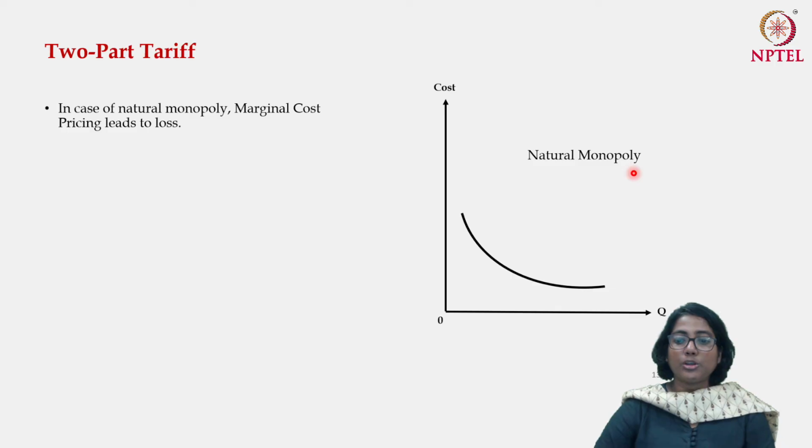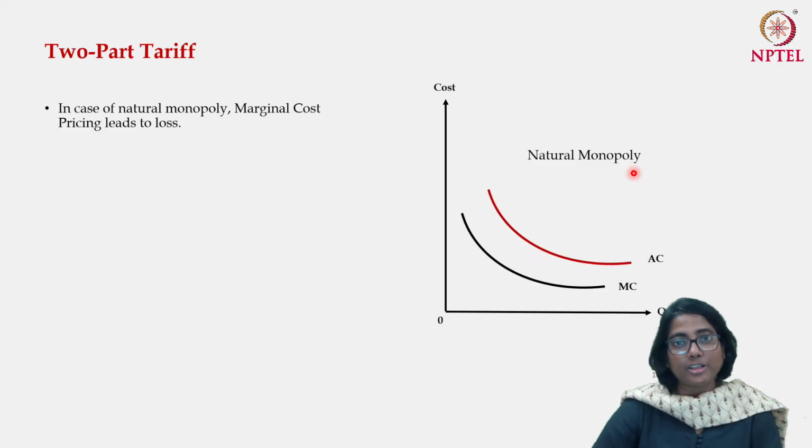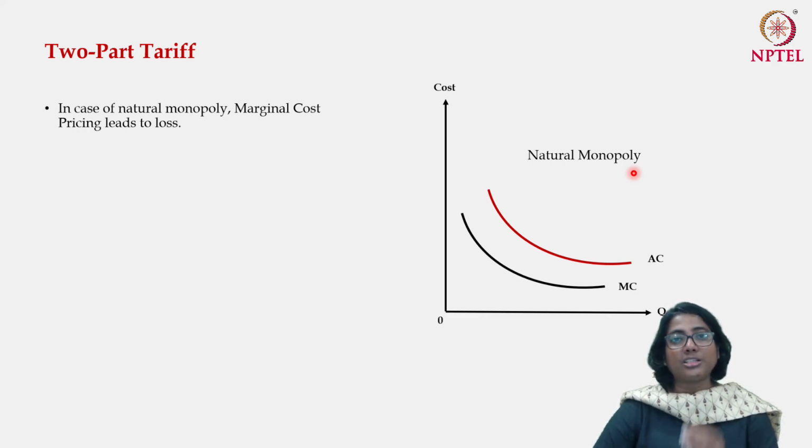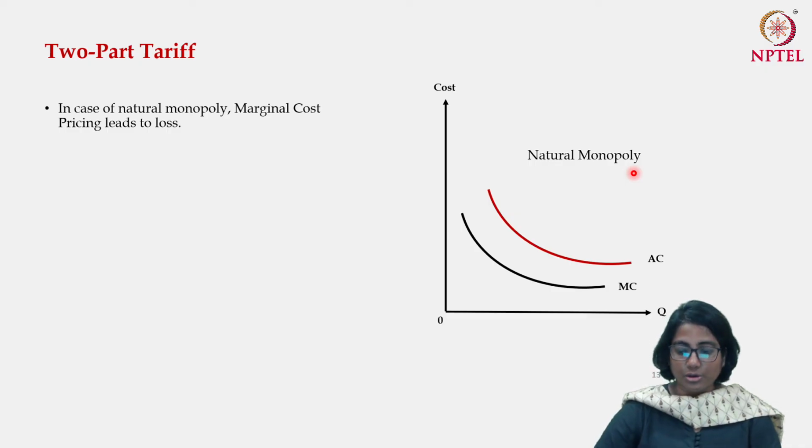How does that happen? This is the case where you have a natural monopoly. Remember, in a natural monopoly, the average fixed cost was so high that the average cost keeps on declining and the marginal cost is lower than the average cost. Now, if this is the demand curve, and you want to go by marginal cost pricing, then the equilibrium will be at E, where the marginal revenue curve intersects the marginal cost curve, and then we say that the production should be at Q star.